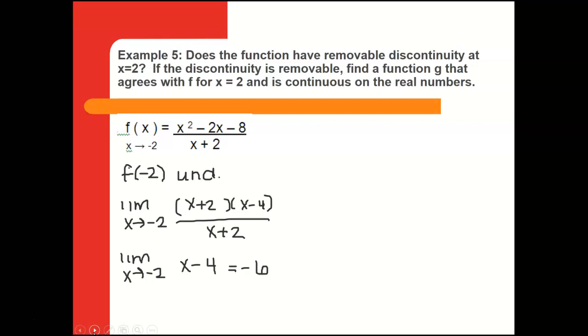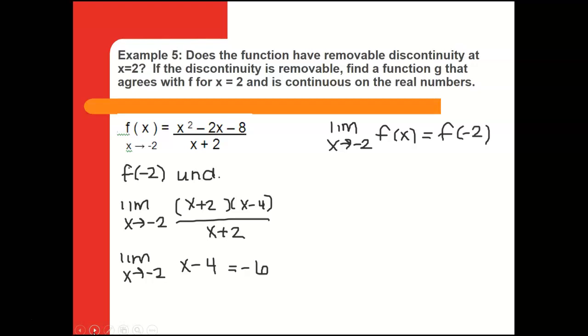If the limit is equal to -6, in order to make this continuous, we need the limit to equal the function. So in order to make it continuous, I need the limit as x approaches -2 of f of x to equal f of -2.